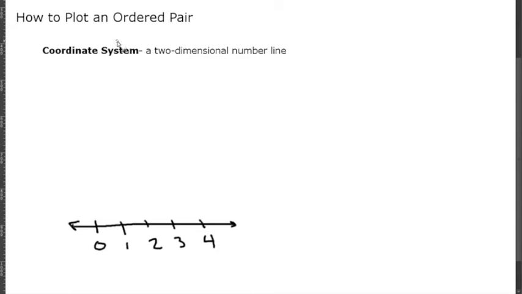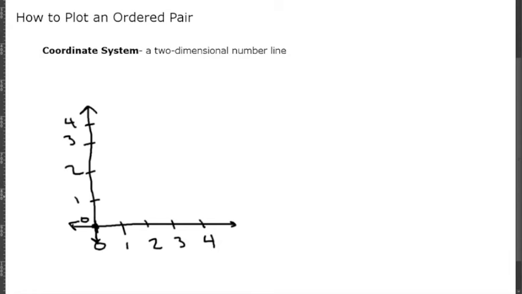Now to make this a coordinate system, we have to add a second number line that's perpendicular and intersects. This one also starts here at 0, 1, 2, 3, and 4.